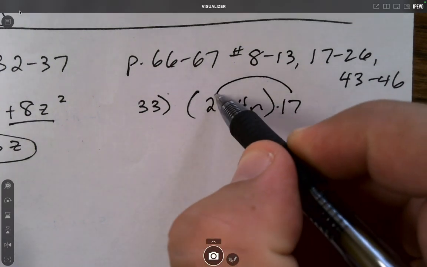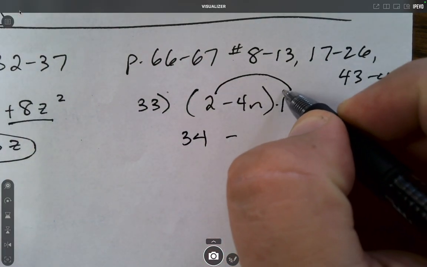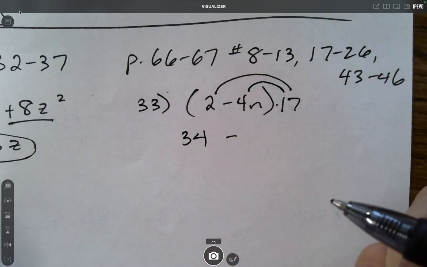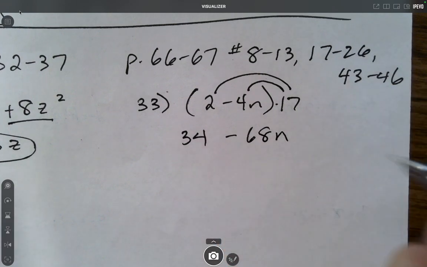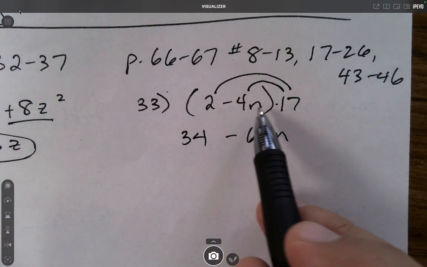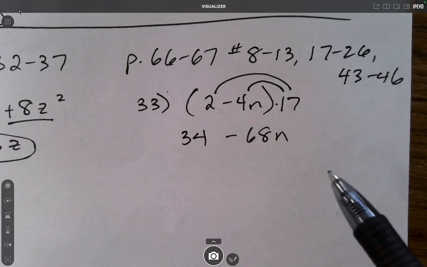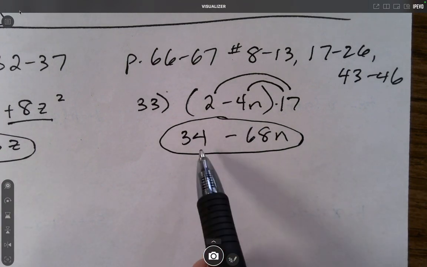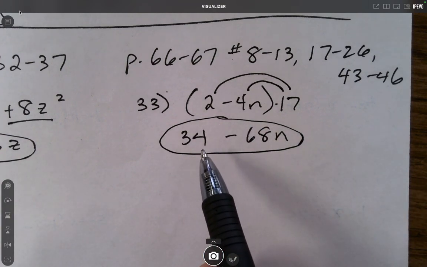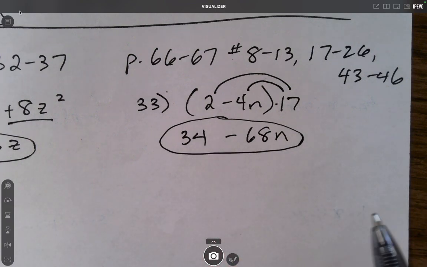So we do 17 times 2, which is 34, minus 17 times 4, which is 68n. So we keep the n, which is in that term. That's as far as this can go, because those are not like terms. This is a constant with no variables. This has a variable n, so they're not like terms. We cannot combine them.